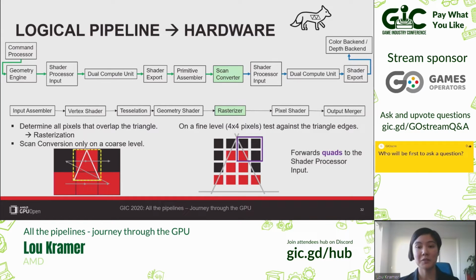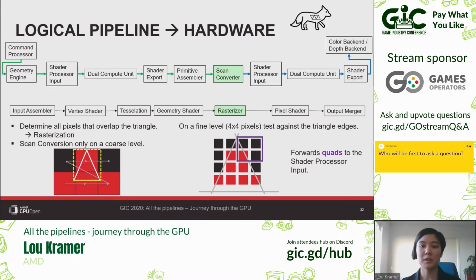As the name already suggests, it does some sort of scan conversion, but only on a coarse level. So if we have our triangle and all our pixels, usually it works on a group of pixels. It looks at 4x4 pixels, and then it checks if these 4x4 pixels are overlapping the triangle. Actually, not the triangle itself, but the bounding box of the triangle. And this is done by a scan conversion.